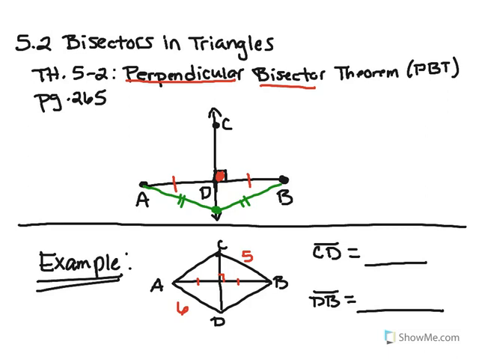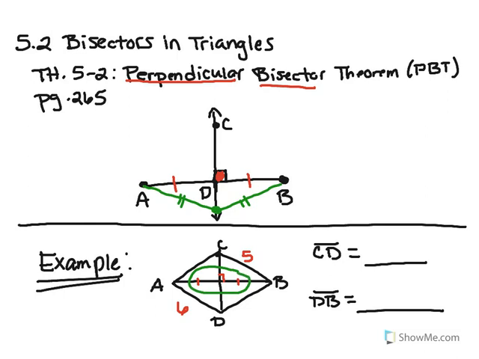So let's take a look at a problem that uses this information. In this picture, I have a quadrilateral, figure ACBD, and I know that CB has a length of 5 and AD has a length of 6. And even more so, the important parts are the parts right here.